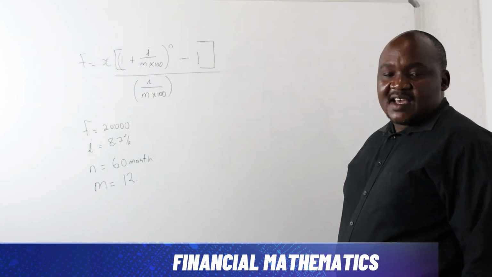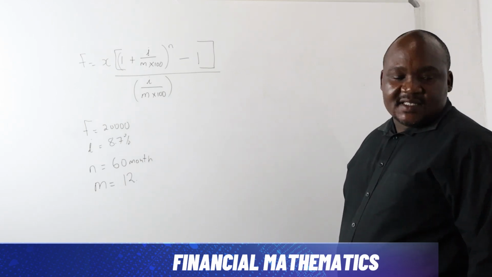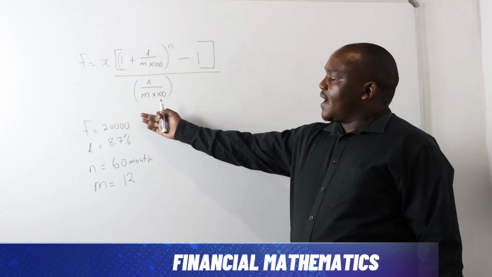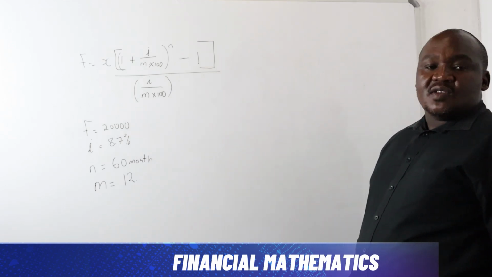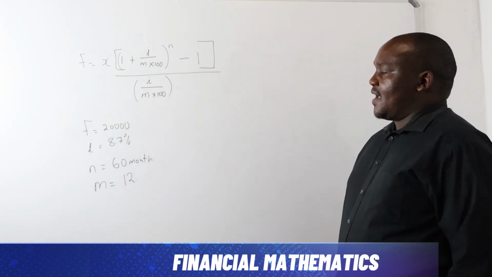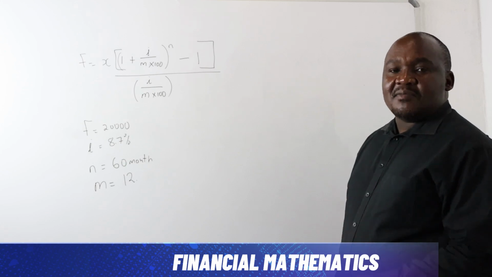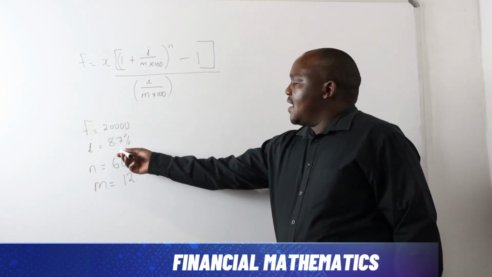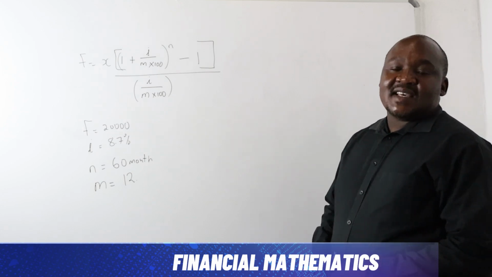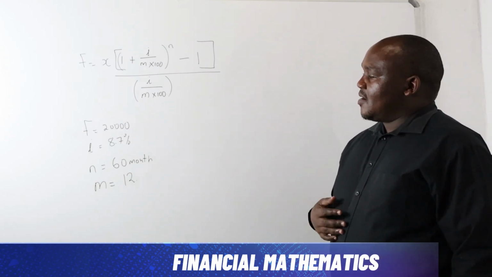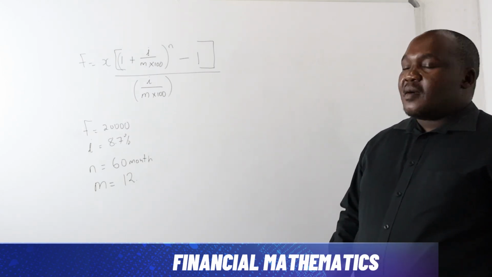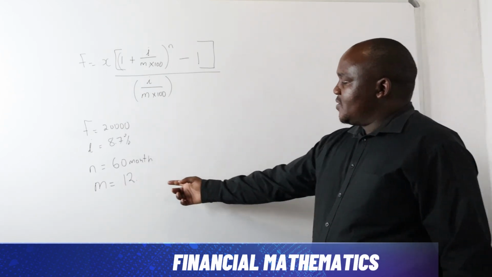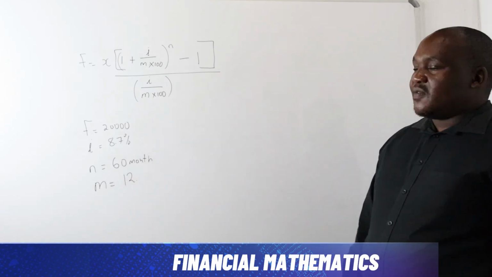The next question that we have is, Kuda wants to now buy a laptop that is worth 20,000 rand, and he needs to deposit monthly installments in a bank that will give him 8.7% interest rate per annum, compounded monthly, which means the value of M is 12.